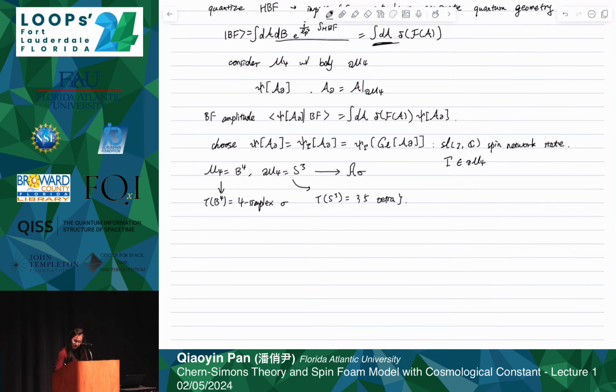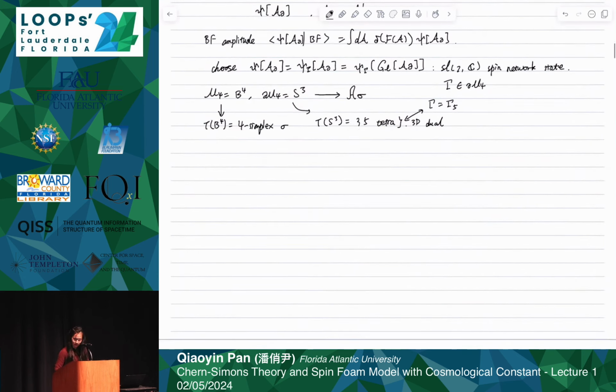And here the gamma, in this case, becomes the so-called gamma 5 graph. And this gamma 5 graph is the 3D dual of the triangulation of a three-sphere. Let me just project, in what sense are they 3D dual? Let me just project this triangulation on the plane.